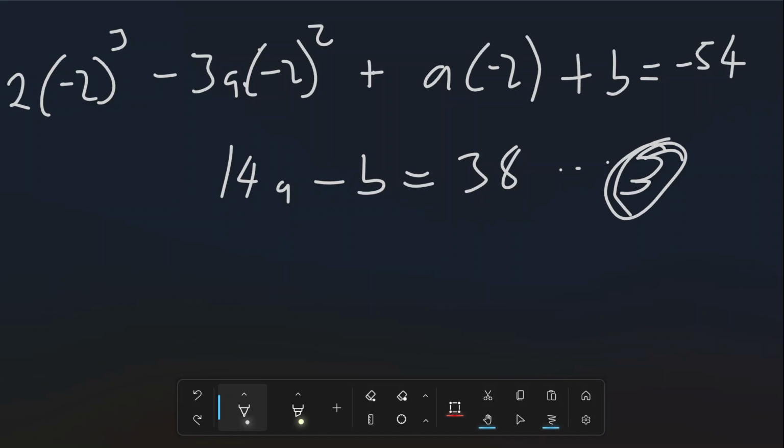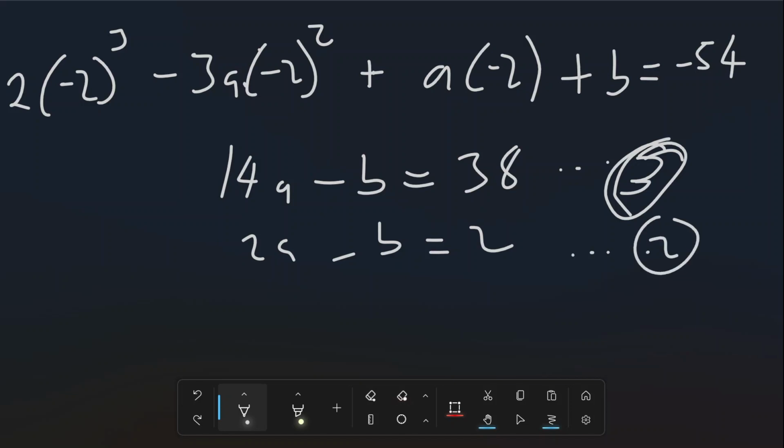Now, after you get this equation, you solve equations 2 and 3 simultaneously by subtracting them. Equation 3 is 14a minus b is equal to 38, and this is equation 2, 2a minus b is equal to 2.